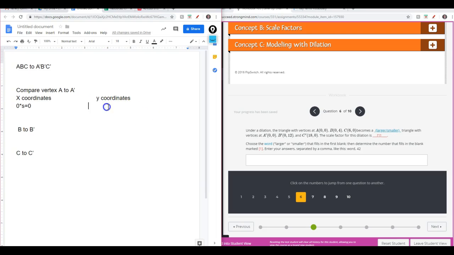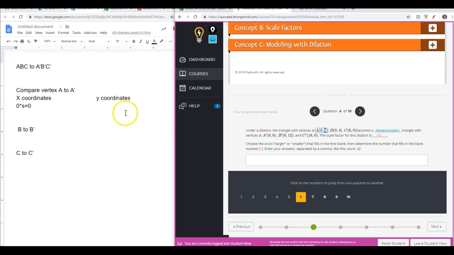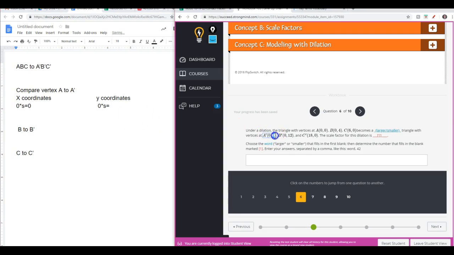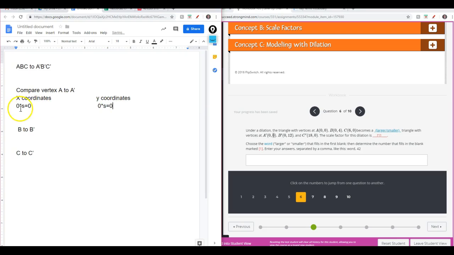A's Y coordinate is 0, so we have 0 again times our scale factor, and that's going to equal A prime's Y coordinate, which is given as 0. Again, it's not helping us with any information yet, because 0 times any number gives us 0.